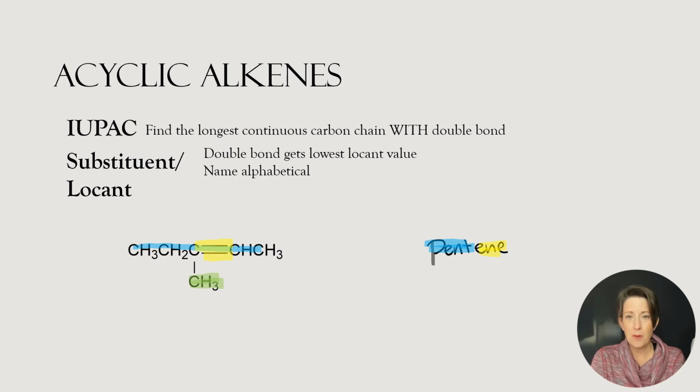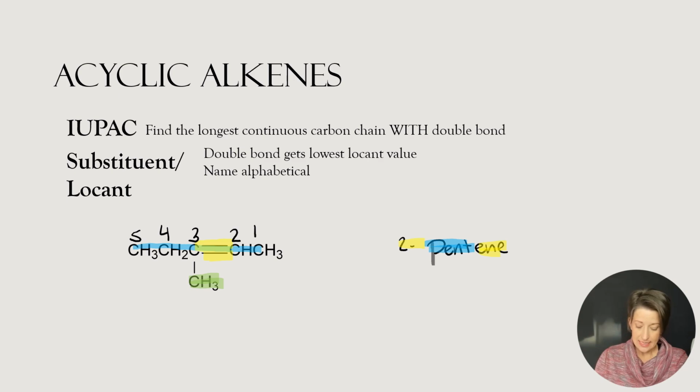That means the double bond gets the lower locant value. As I didn't change the way that this structure was written, we know that we have carbon 1, carbon 2, carbon 3, 4, 5. So we are still working with 2-pentene.